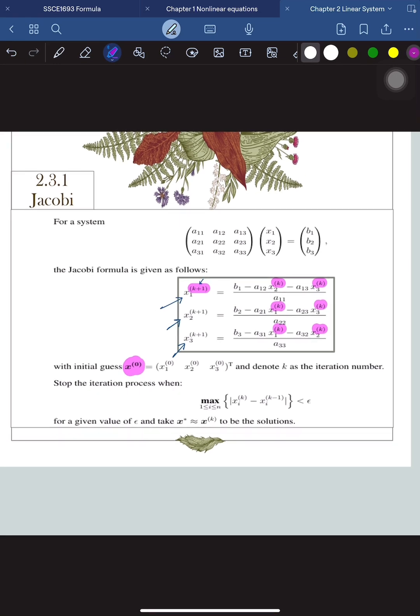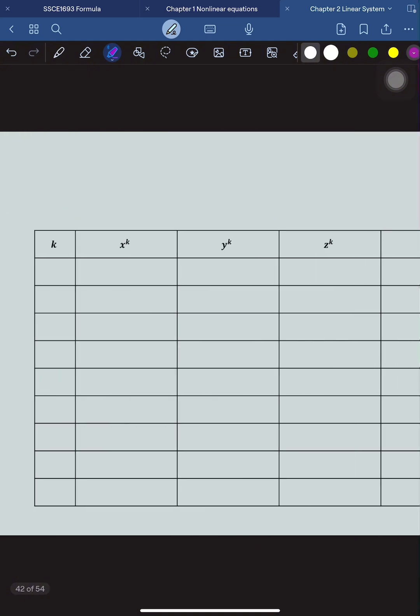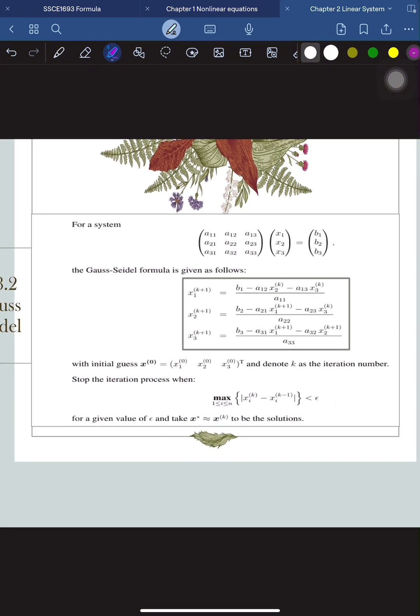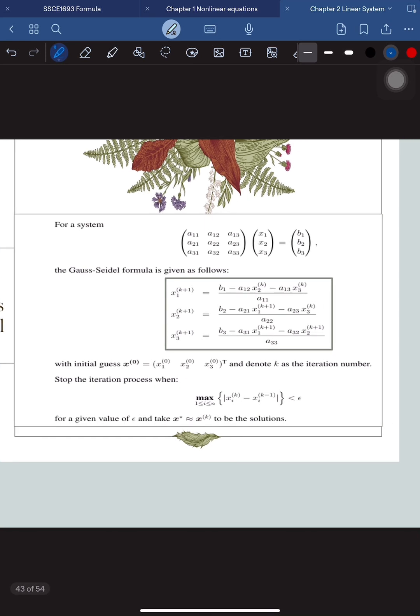For the Gauss-Seidel, with the same technique, make x1, x2 and x3 the subject. So this one is k plus 1, k plus 1, k plus 1. But for x1, since we don't have the value for x2 and x3 yet, these are k. For x2, we already have the value for x1, so we take the new value of x1, but for x3 the previous value k.